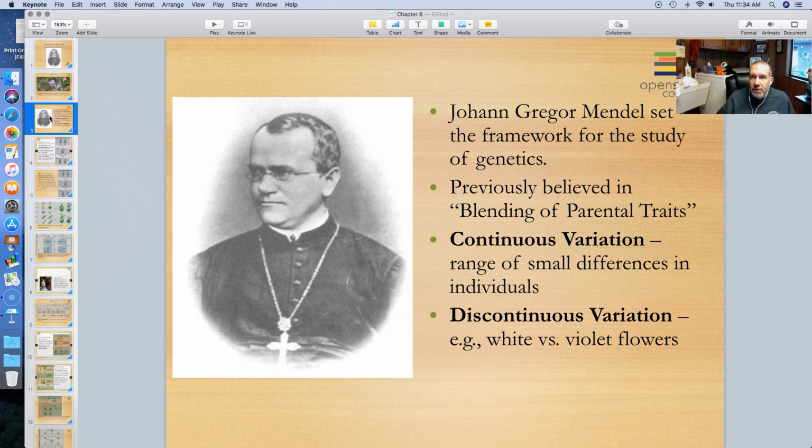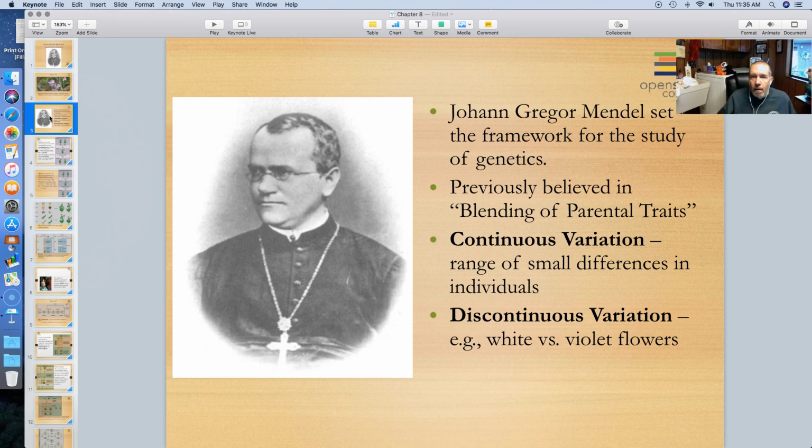Or that humans, you look at parents and you look at the kids of parents, and sometimes one child might have a certain characteristic, like maybe they have their dad's eye color, but they actually have their mom's hair color. Maybe they even have a cleft in their chin, and that was something that maybe came from a grandparent. But the idea that the offspring would not get a unique set, but a blended set of traits.